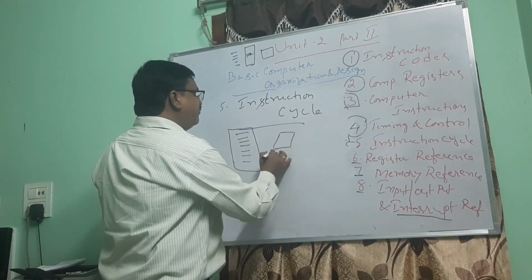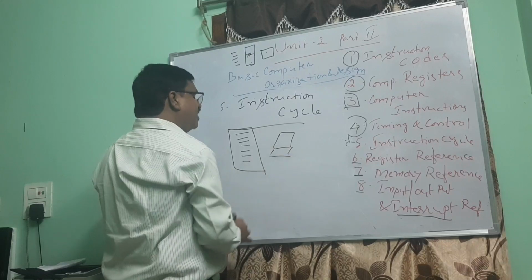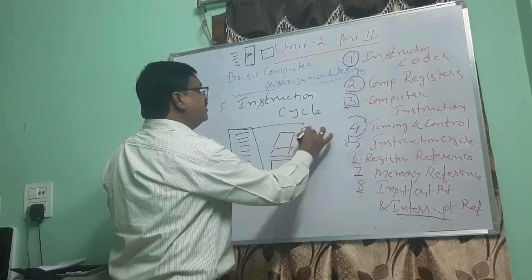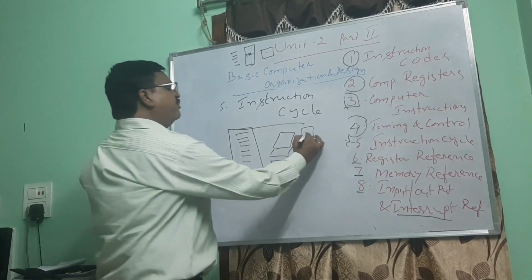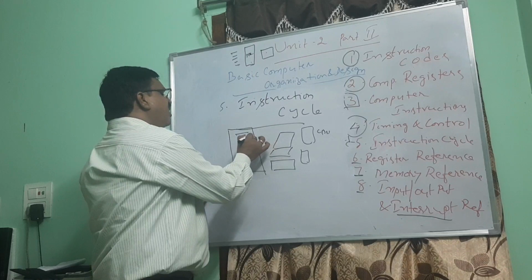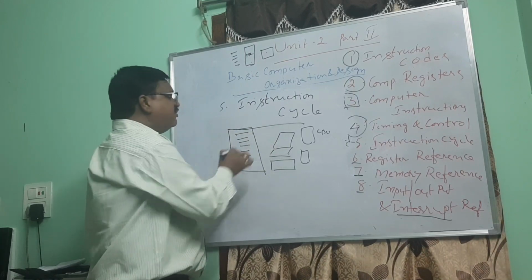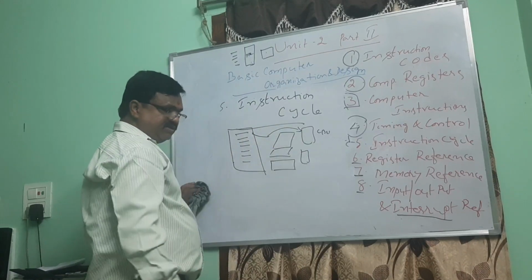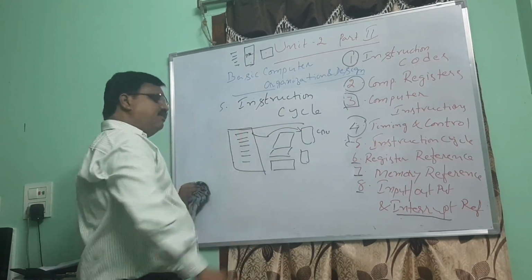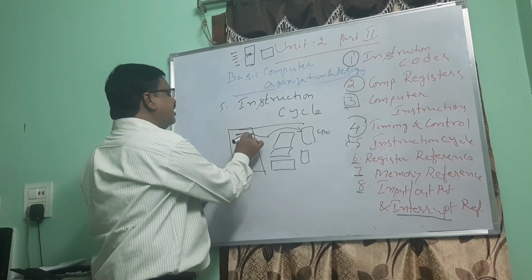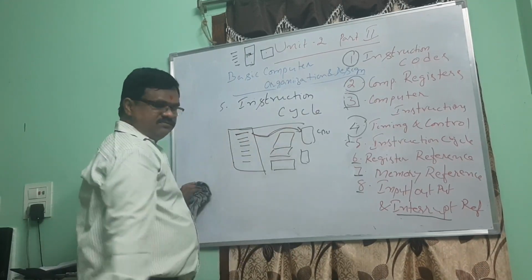And if a computer wants to perform its execution, the instructions that are there in the memory first need to be fetched by the CPU. Already they are in the memory. So if you want to execute, this first instruction needs to be fetched.